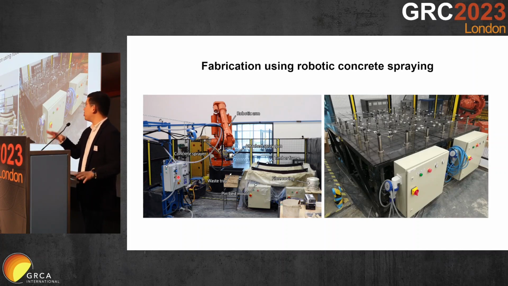All of this is sprayed onto a pin bed mold, shown over on the right, which has a series of actuators which we can move to create any desirable curvature and surface profile. So instead of creating multiple molds again and again, we can simply reuse this configurable target surface and reduce the amount of labor involved in the mold process.